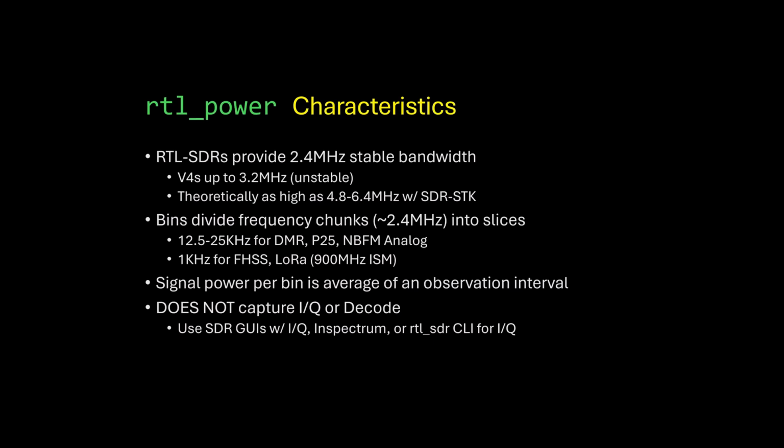So the characteristics, again, it's using RTL-SDRs. So at the minimum, expect 2.4 megahertz of stable bandwidth. Now, bins, they divide the frequency chunks. So let's say you're scanning 2.4 megahertz at a time into slices. So if you wanted to listen in on LMR, ham radios, repeaters, DMR, P25, or other narrowband, typically you're looking at between 12.5 to 25 kilohertz.